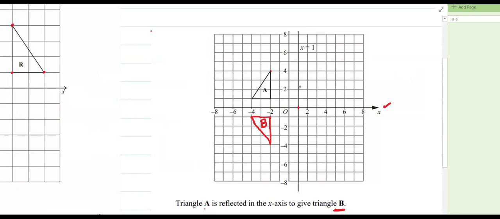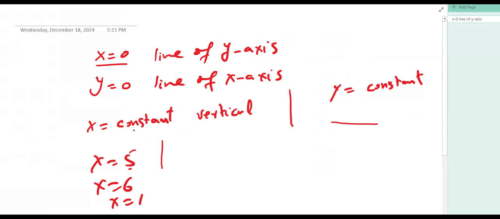So through that, this will be the vertical line because it is passing through x is equal to 1. Always remember that, please. If x is equal to a constant, the line will be vertical because it will be passing through the x value. If the line is y is equal to a constant, it will be a horizontal line.